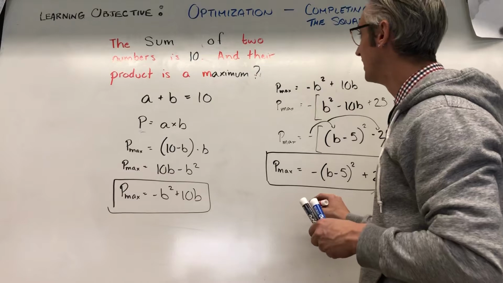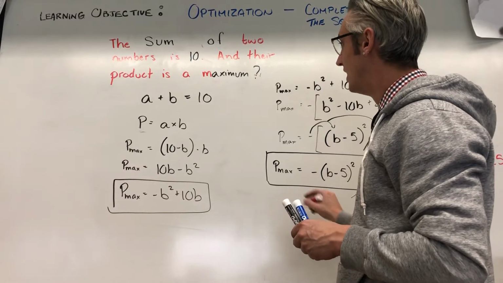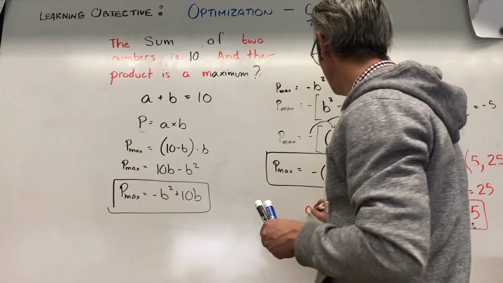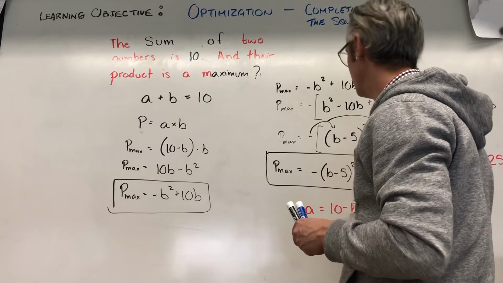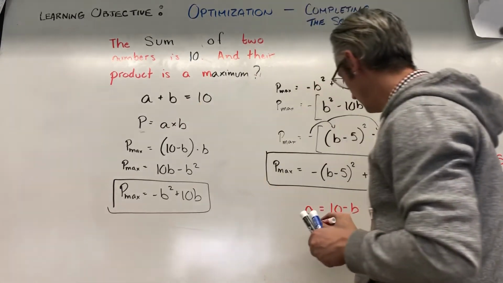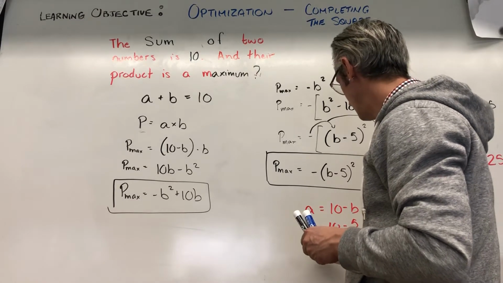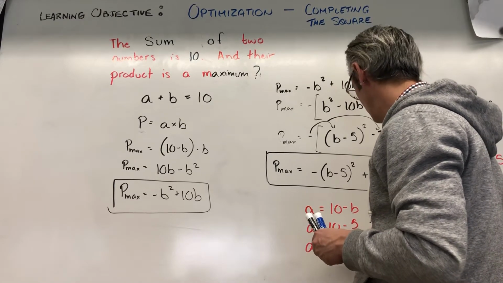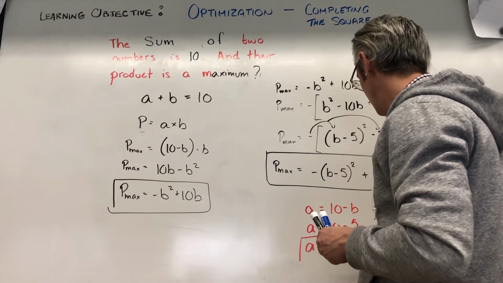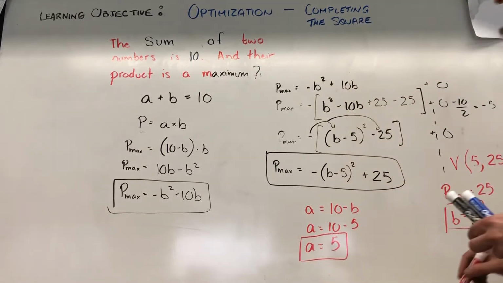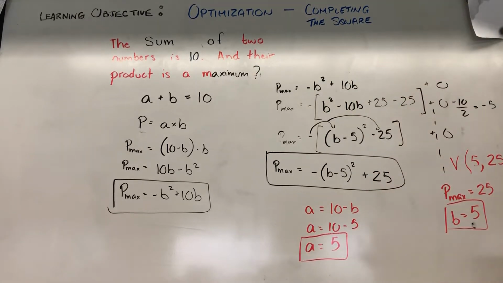And if that's the case, then a is equal to 10 minus b, from over here. So a is equal to 10 minus 5, a is equal to 5. Five times 5 is my max, 25.